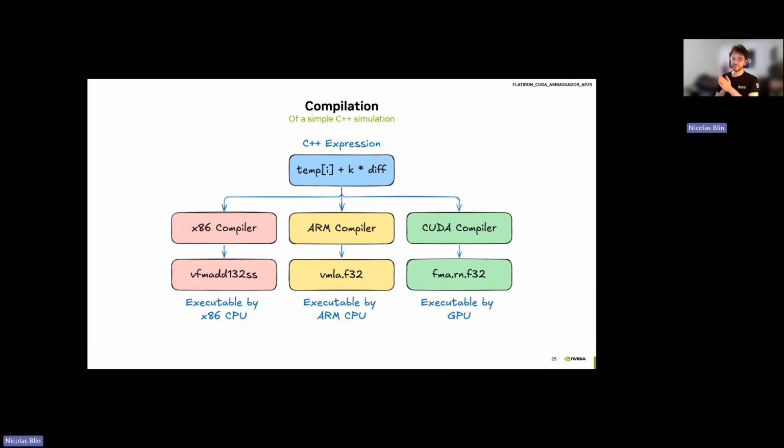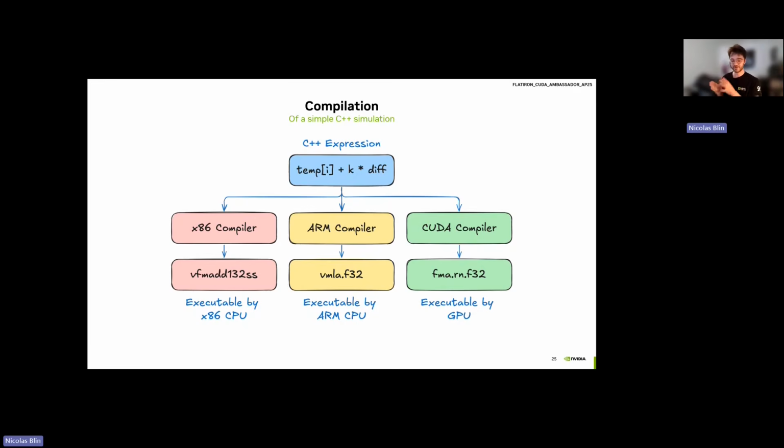But if you were to compile this C++ expression, this temp I plus k times diff, using an ARM compiler for an ARM CPU, you will get a different instruction. You will get a vmla.f32 instruction. Again, if you want to compile this code to run not on the CPU, but on the GPU, then again, you will use another compiler, which is, in our case, the CUDA compiler, and it will again generate yet another instruction, which is fma.rn.f32.